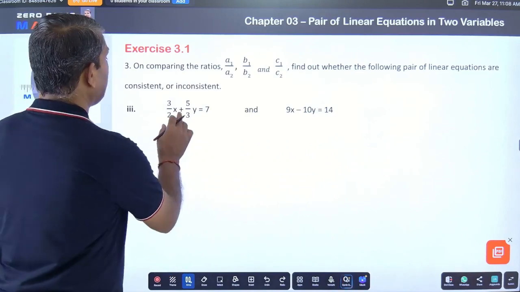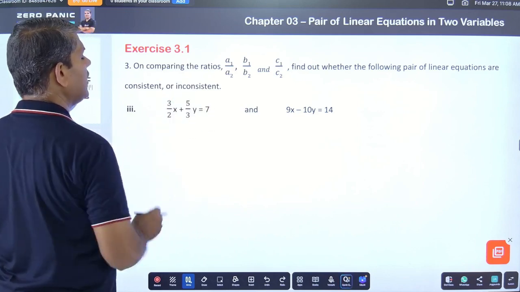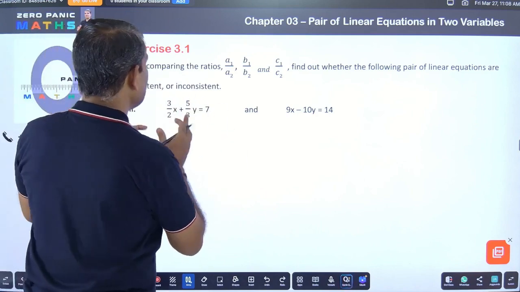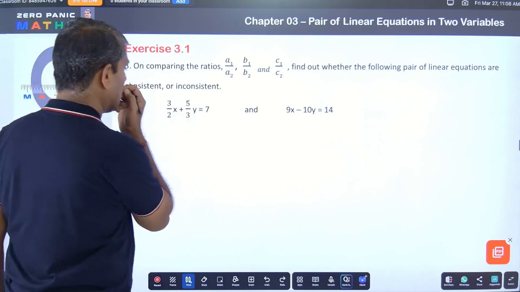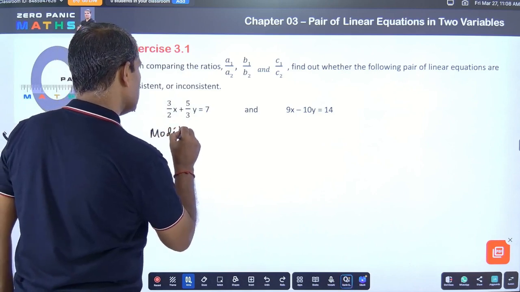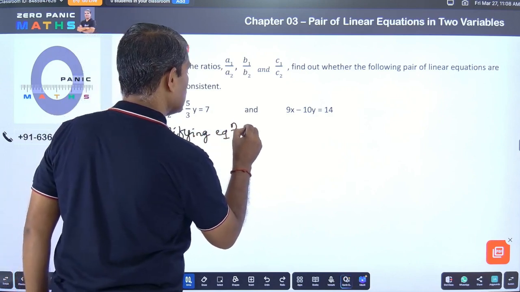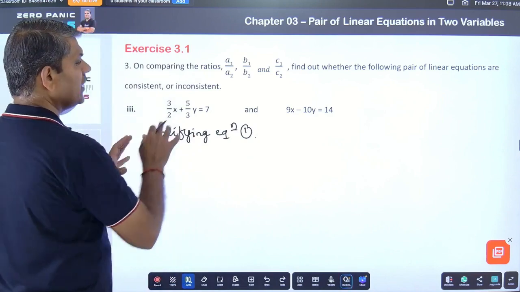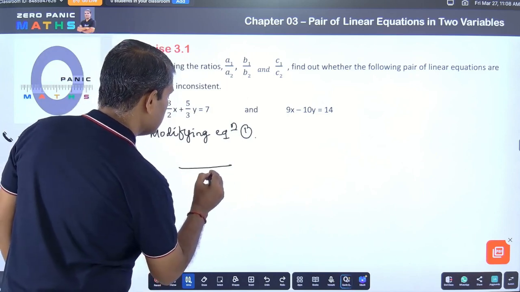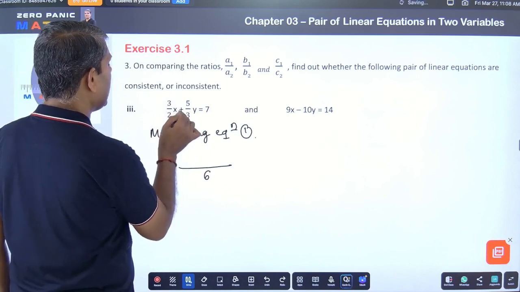Let me modify equation 1 because the coefficients given here are fractions. Let me modify that equation so that I'll get whole numbers as the coefficients. I'm taking 6 as the LCM of 2 and 3 and cross multiplying.